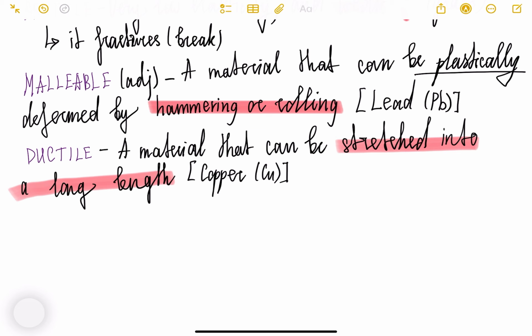Copper is commonly used in electrical transmission. Copper is mostly yellowish or orange.